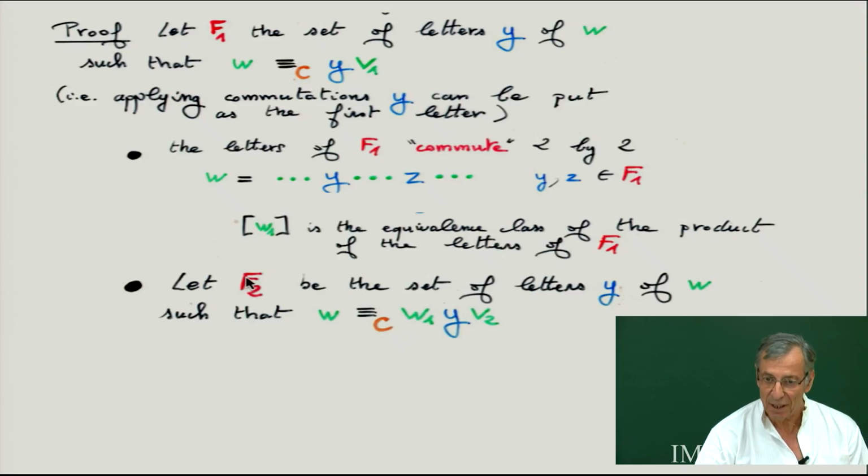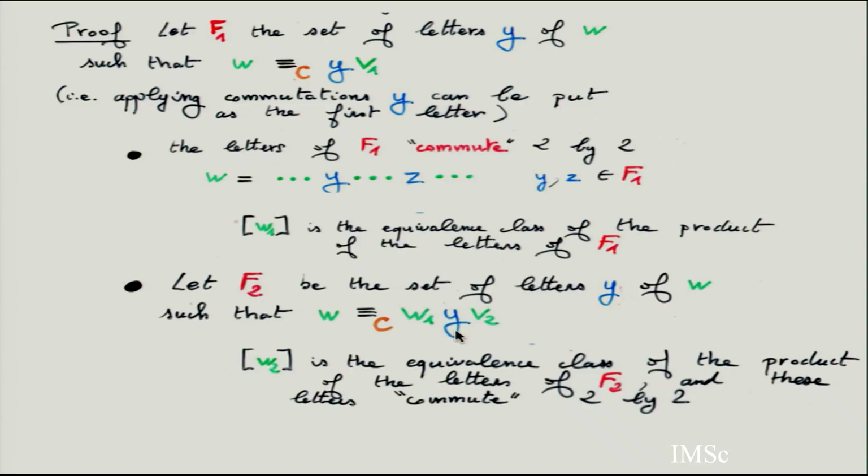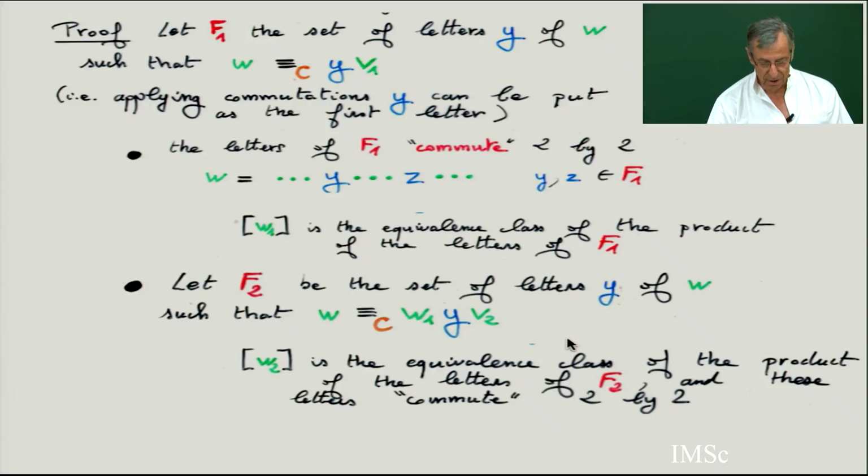So I define F2 to be all this set of letters, which can be by commutation put in a position just after the word W1. And again, I define bracket W2, the equivalence class of the product of all the letters of F2. The letters of F2 commute 2 by 2. Again, the same argument as here.